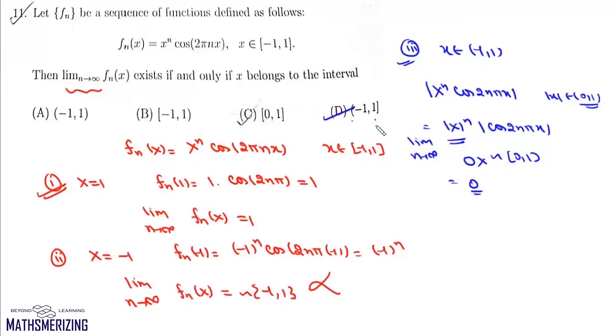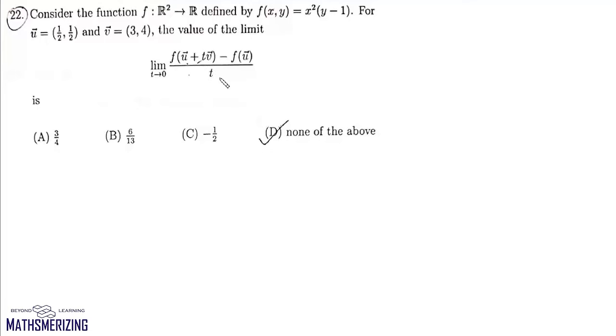Question number 22 is, we need to find this limit t tends to 0 (f(u plus tv) minus f(u)) upon t. Now u is (1 by 2, 1 by 2) and v is (3, 4). Now u plus tv will be (1 by 2 plus 3t, 1 by 2 plus 4t).